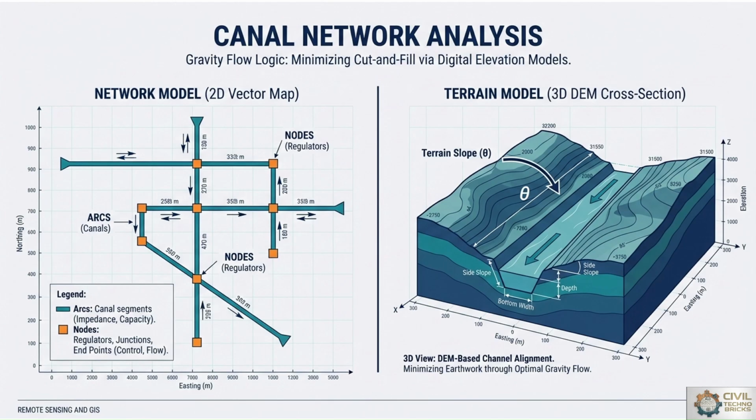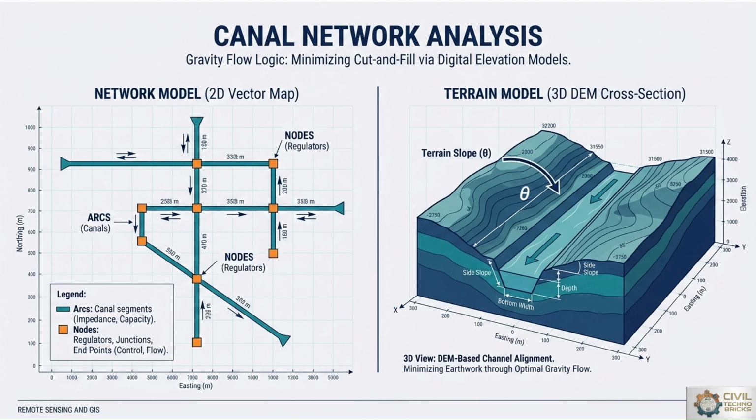Designing the physical path of a canal is a core civil engineering task. GIS simplifies that activity by allowing us to perform least cost path analysis on a digital elevation model. The software identifies the alignment which follows the natural contours to maintain gravity flow while avoiding obstacles like protected forest or existing settlements.